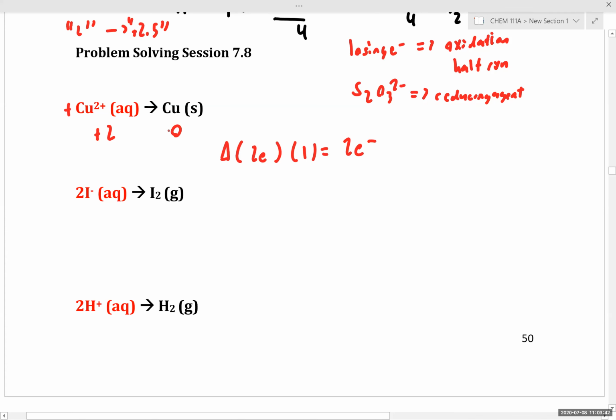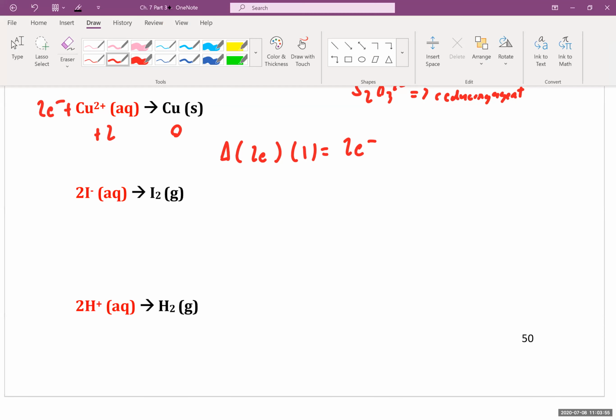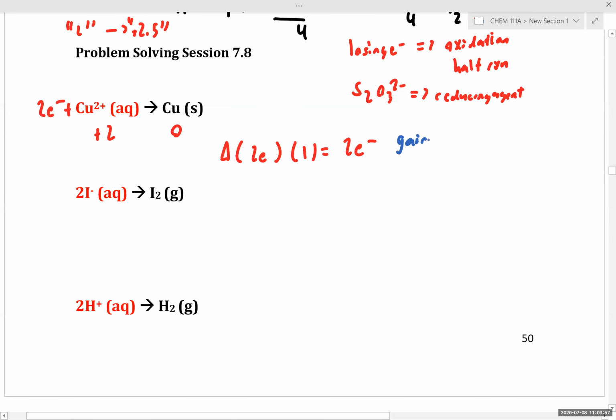Our oxidation number is decreasing, so we're gaining electrons. So this is a reduction half reaction.